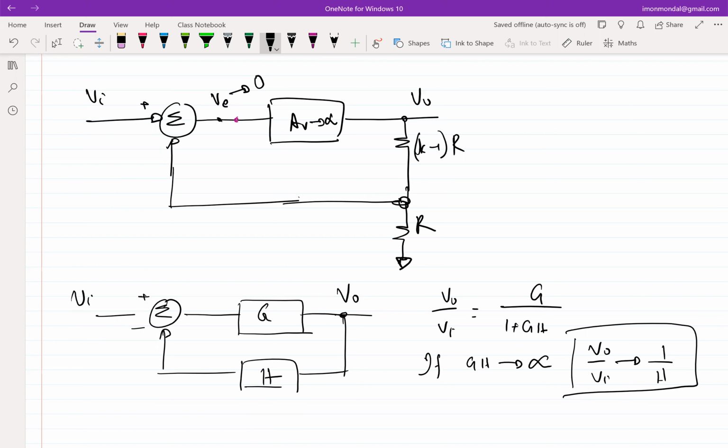G going to infinity is a subset of this. But don't take H equal to infinity. You are in control of the system, right? Why would you put H equal to infinity then? So this is a generic thing, and G equal to infinity is only a subset of this.